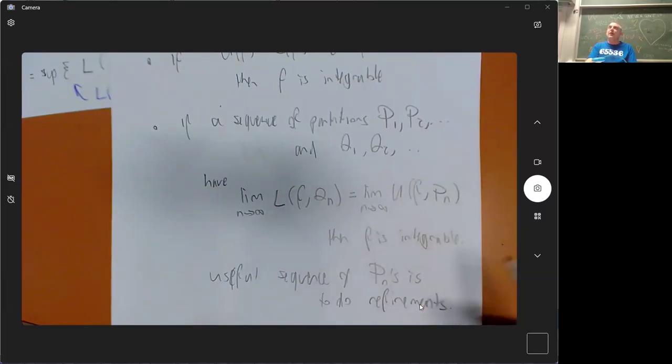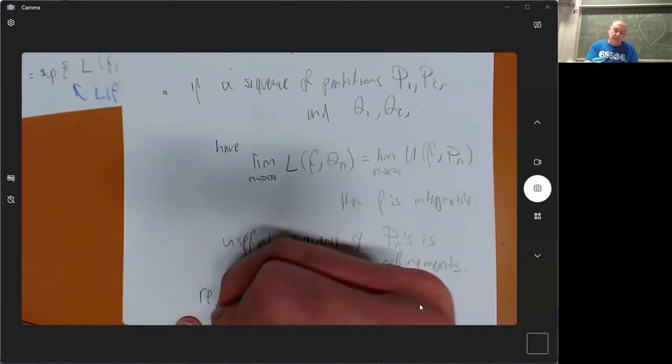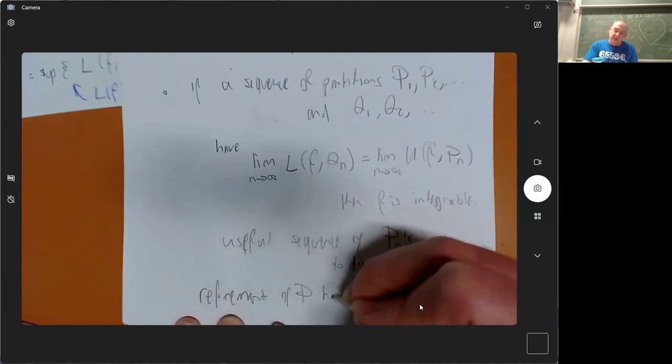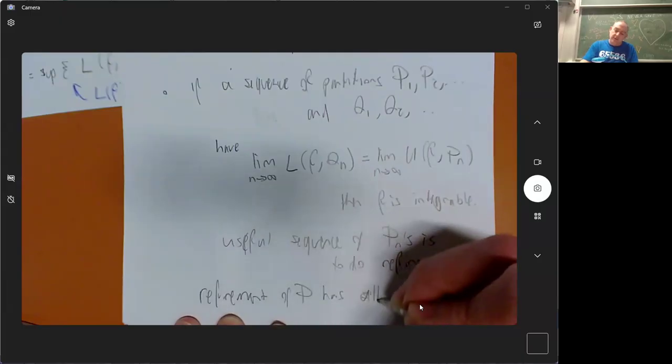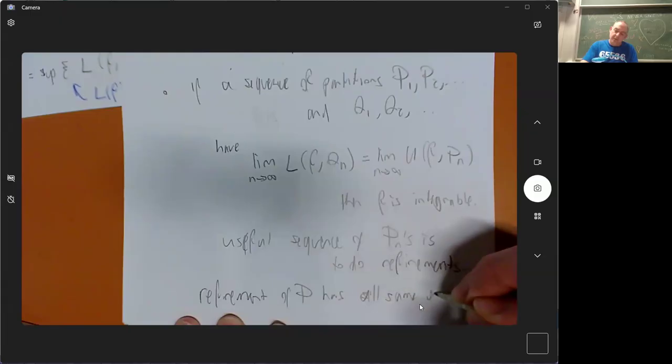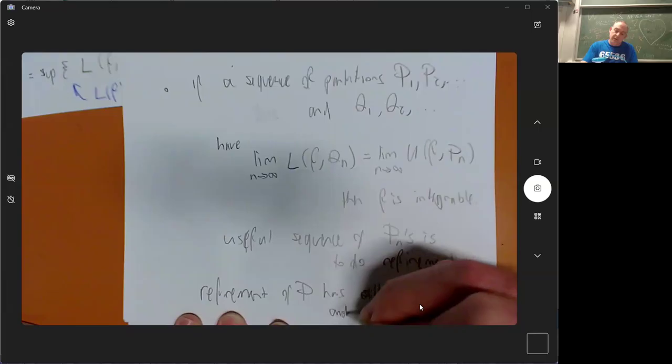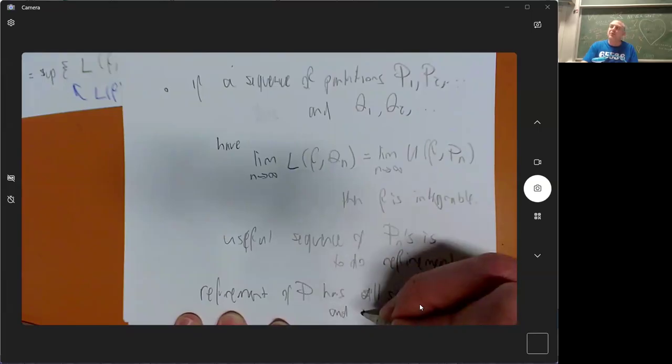Just to be clear, a refinement is a partition that has all the same endpoints and possibly a few extra ones, because technically a partition is a list of endpoints. So a refinement of P has all the same endpoints and at least one extra one, basically.